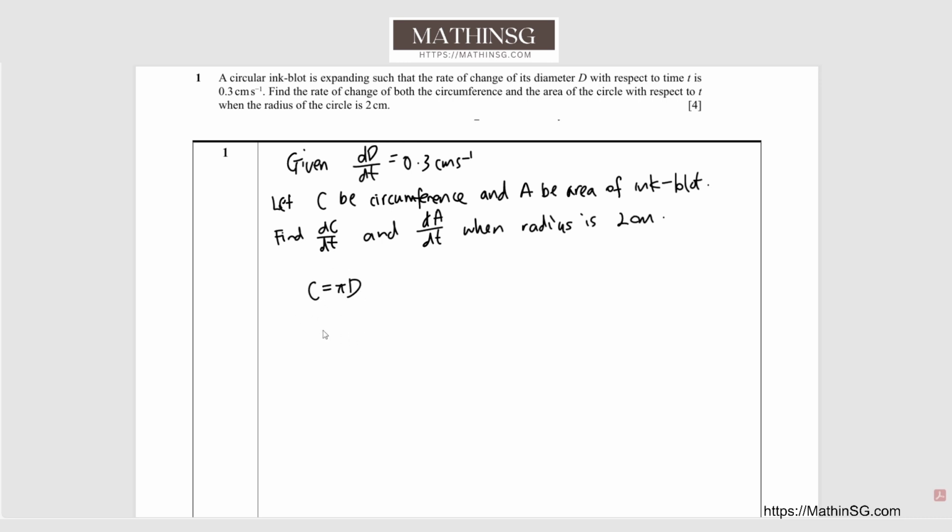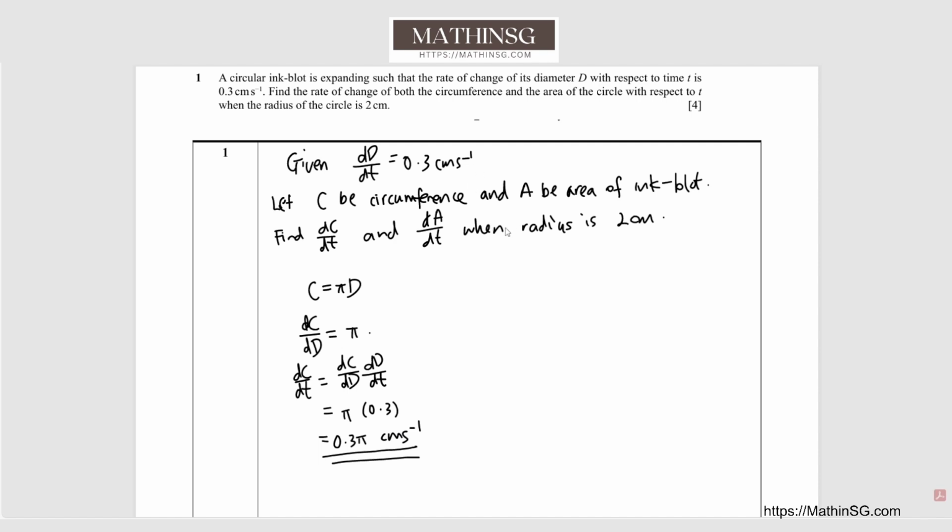Next we differentiate this, so dC/dD is equal to pi. Once we have found dC/dD, we can find dC/dt by using the chain rule, which is dC/dD times dD/dt. dC/dD is pi and dD/dt is given as 0.3. In other words, this is equal to 0.3 pi cm per second. So we have found this.